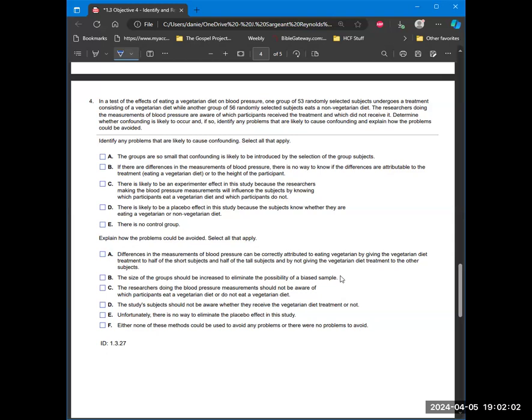And you're probably going to know who is getting which, because people are going to know who's getting the vegetarian diet and who's not. That's going to be hard to hide, right? Researchers doing the measurement of the blood pressure are aware of which participants received the treatment and which did not. Determine whether confounding is likely to occur, and if so, identify any problems that are likely to cause confounding and explain how the problems could be avoided.